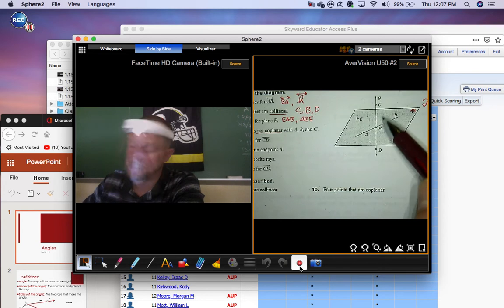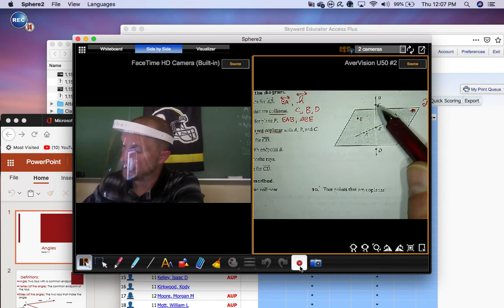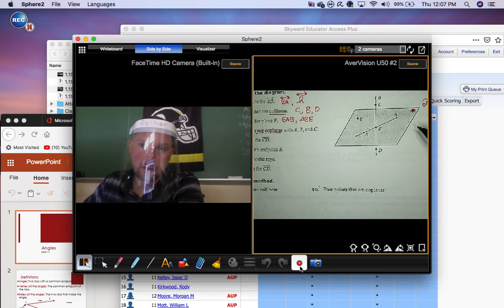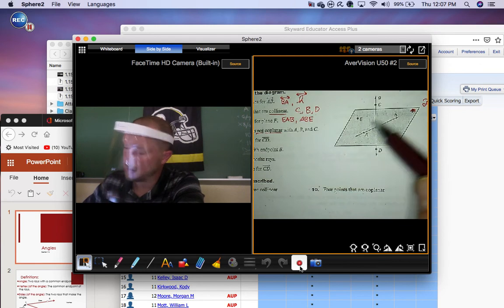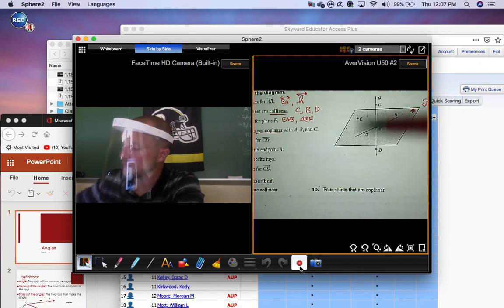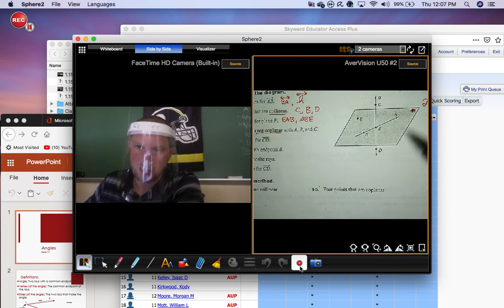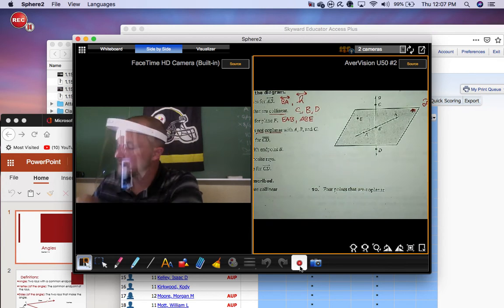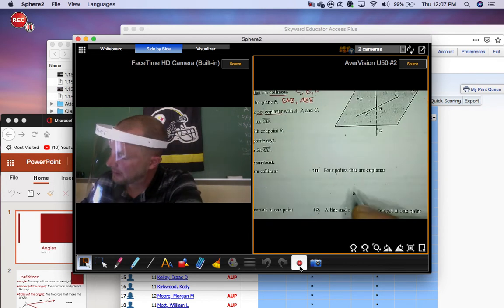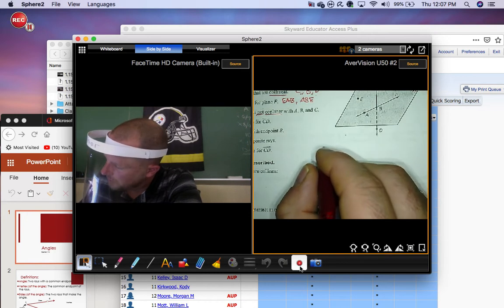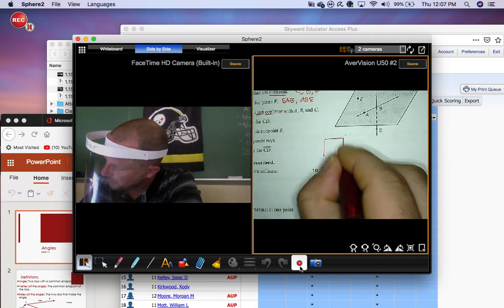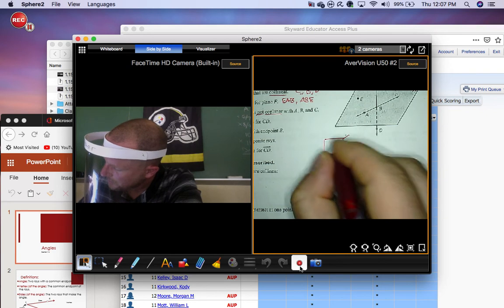We have a postulate that we went over. Any 3 points make a plane. So even though you don't see it, that plane actually exists there. It's more of a vertical plane than this one being a horizontal one. Okay, a diagram that might help you, draw it like this. I'm just going to draw a box.